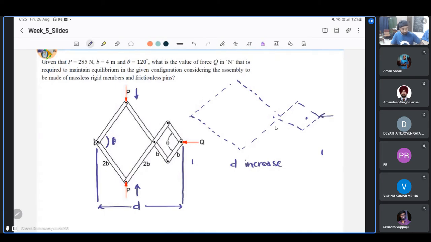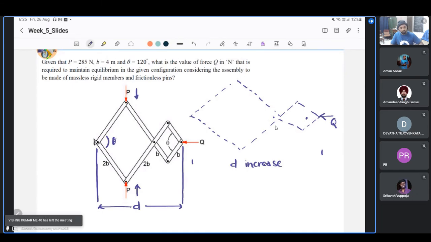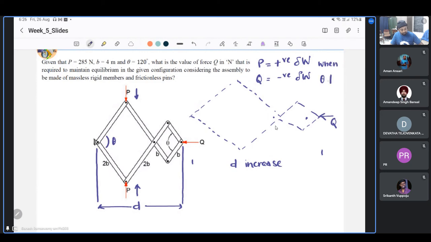And we have a force Q that is applied in the opposite direction to that. So from this we can conclude that when we apply a virtual displacement such that theta decreases, P would do positive virtual work, Q would do negative virtual work when theta decreases. So I hope that is clear.